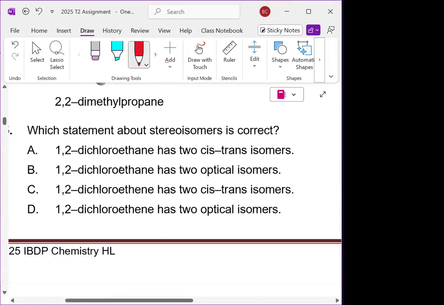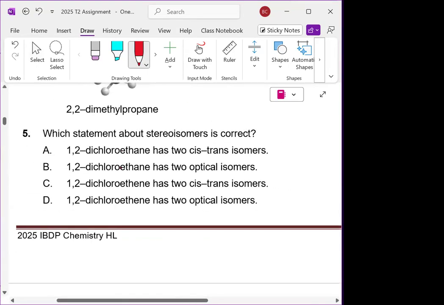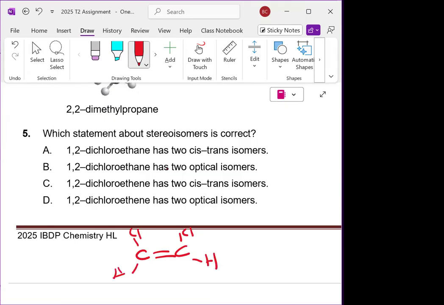So no. Okay. Which statement about stereoisomers is correct? So stereoisomers, you can see they are asking either 1,2-dichloroethane or 1,2-dichloroethene. So we can just draw it out. 1,2-dichloroethene. And then they also ask about 1,2-dichloroethane.